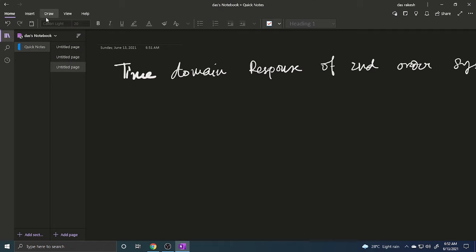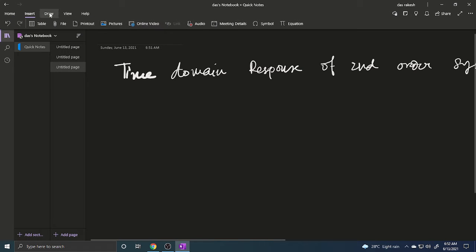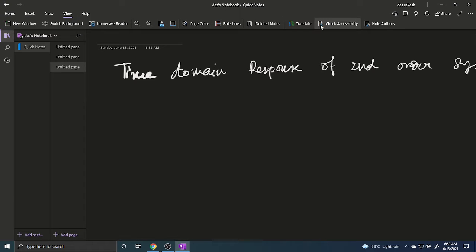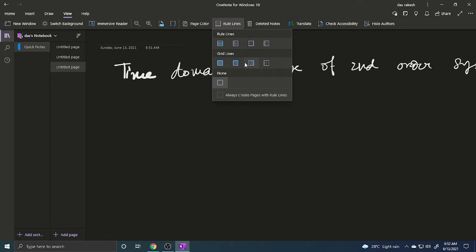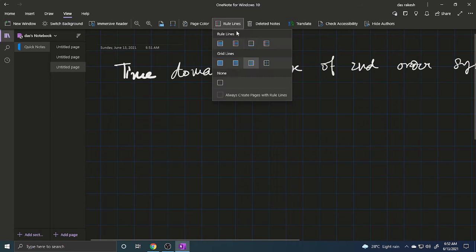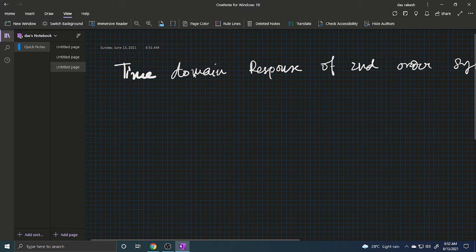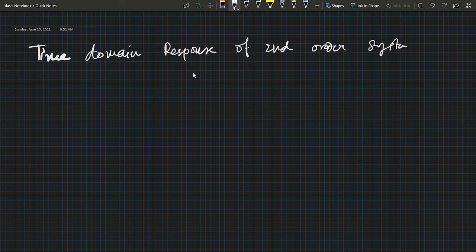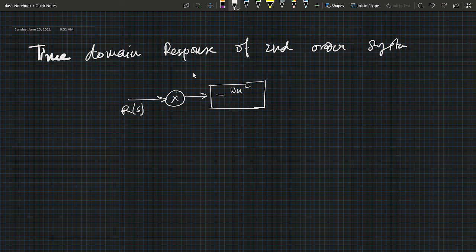So in the previous video we saw the typical characteristic equation for a second order control system. For a control block, say for example, if we consider one input signal R(s) and one comparator, the open loop transfer function is equal to omega n squared divided by s into s plus 2 zeta omega n.